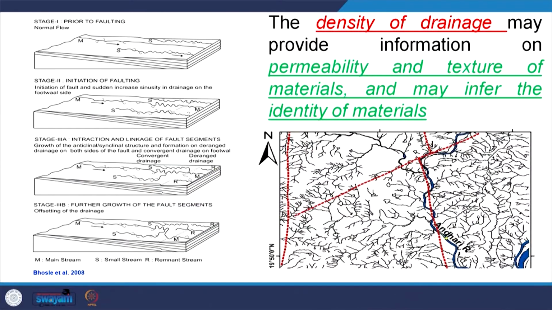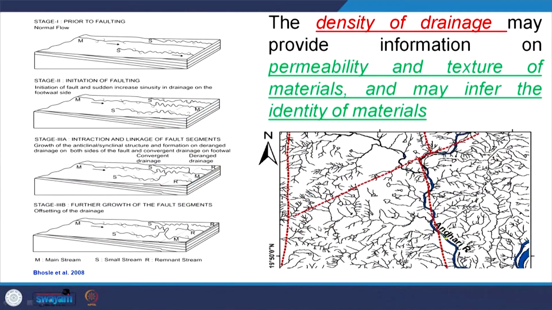The drainage density is another measure used in drainage pattern calculation. Drainage density provides information on the permeability and porosity of the material and may infer the identity of materials. Drainage density means how densely the drainage systems, how densely the streams, are arranged.